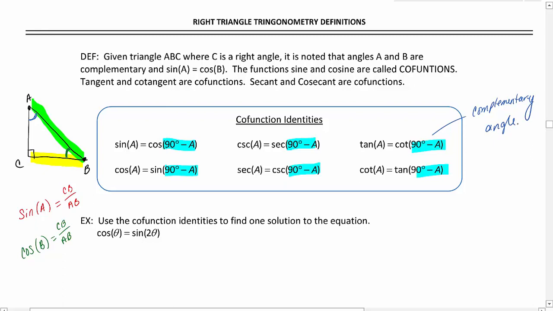So then secant and cosecant, cofunctions. Cosecant of A equals secant of 90 minus A, while secant of A equals cosecant of 90 minus A, and tangent and cotangent follow that rule as well.